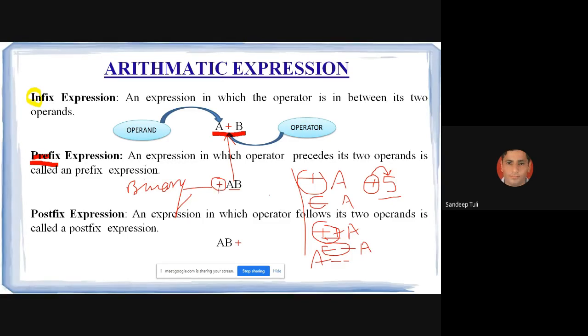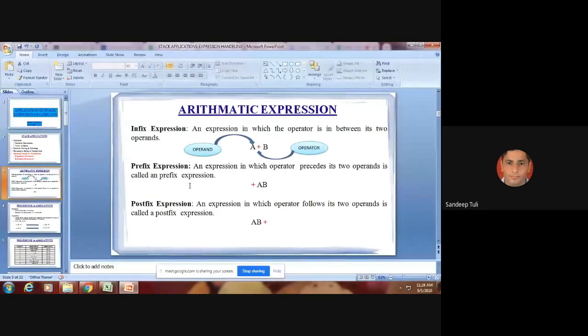Any binary operator. In arithmetic operations we only talk about binary operations. These are just various forms of writing a plus b, simply a way of writing an expression in different forms.